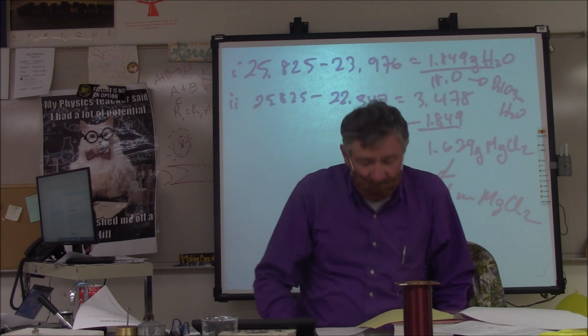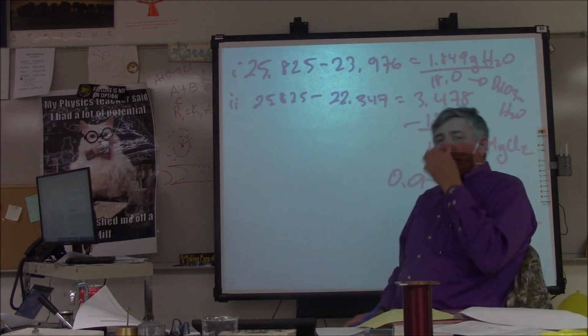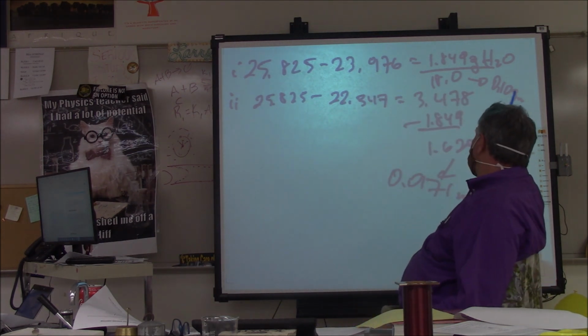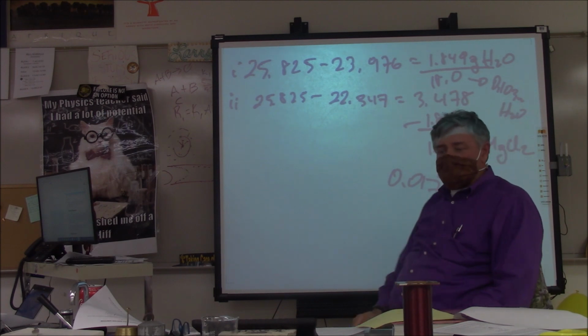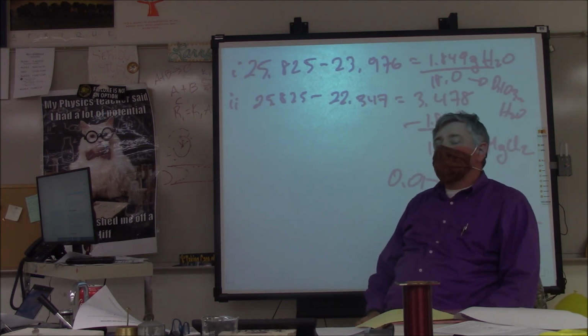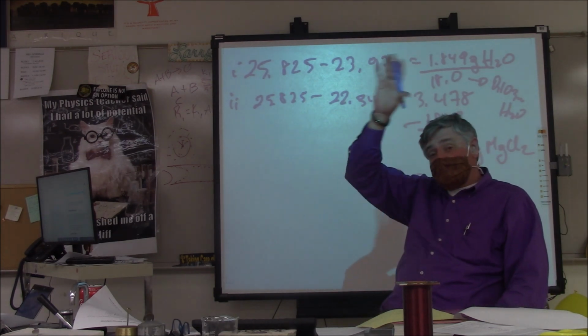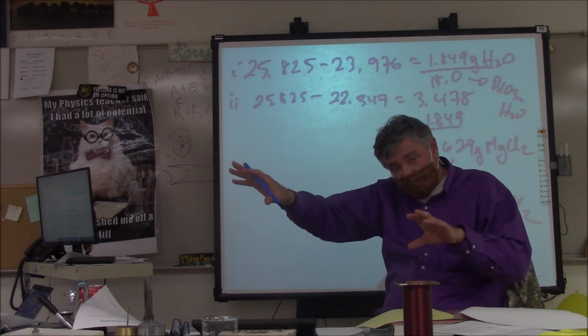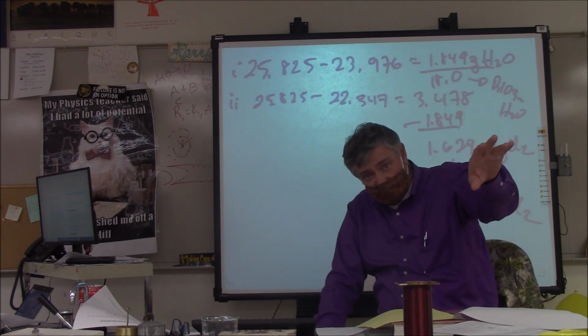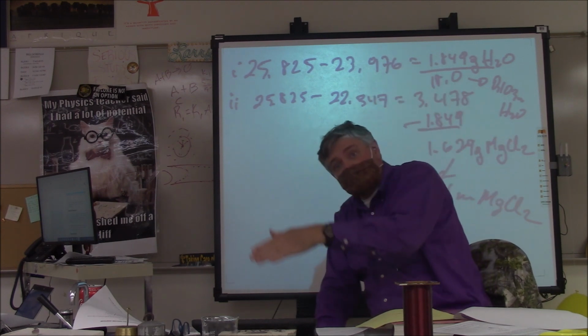Now, here's the kicker. What's bigger, the moles of water or the moles of magnesium chloride? Moles of water. So that way, when I find that formula, I know the coefficient that goes in front of the water is bigger than what's going to go in front of the magnesium chloride, because I have more moles of water.